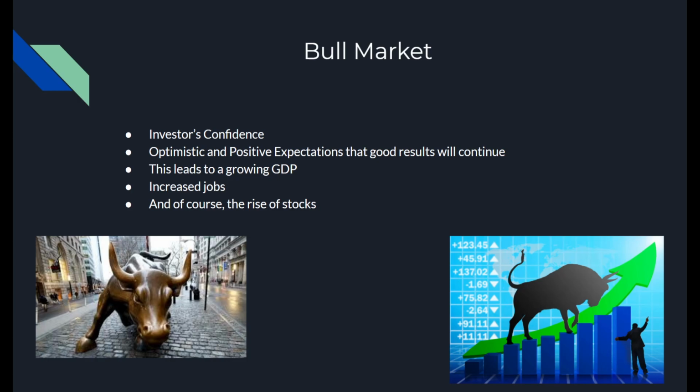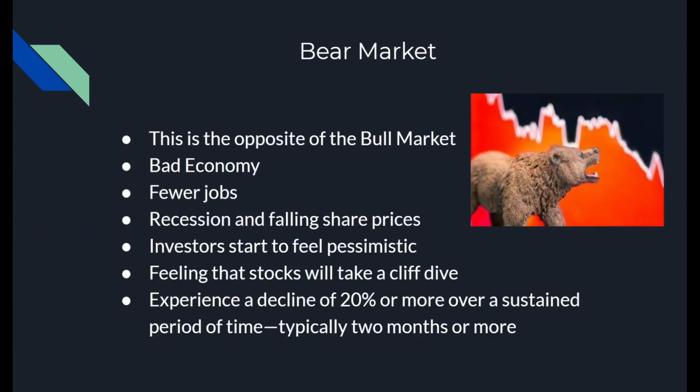Obviously it's been affected by the virus, and that was a big factor. But in a general bull market, increased jobs, growing GDP, stocks are rising, and investors feel confident about the economy and the companies' positive earnings coming out. So that really leads into a bull market.